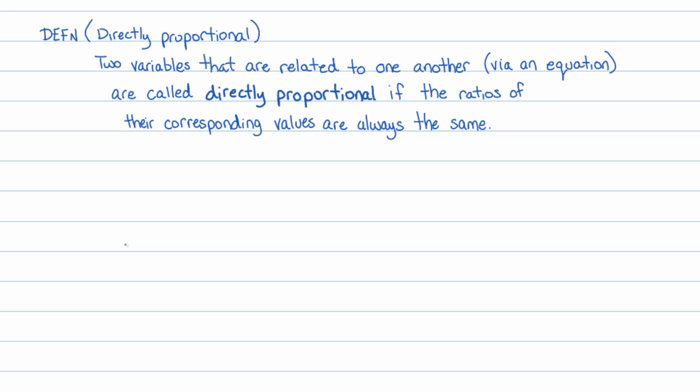I'll first start by defining what directly proportional means. Two variables that are related to one another via some type of equation are called directly proportional if the ratios of their corresponding values are always the same. What does this mean? Well, suppose that you rent some type of U-Haul or rental truck, and they charge by the mile.